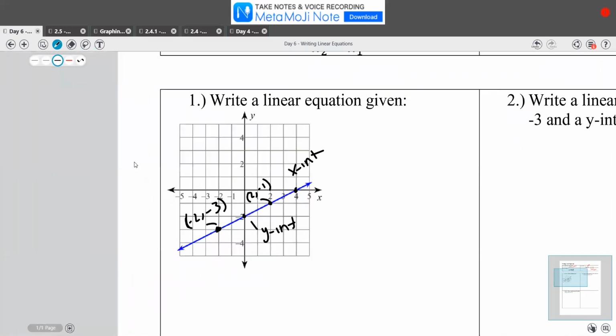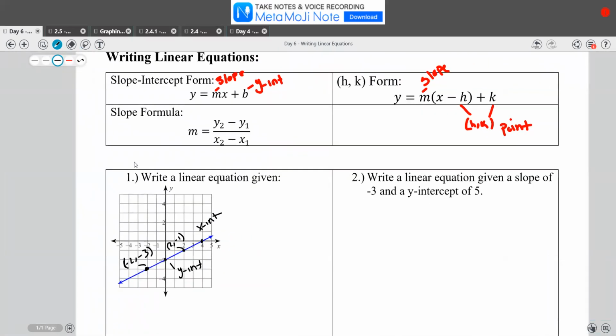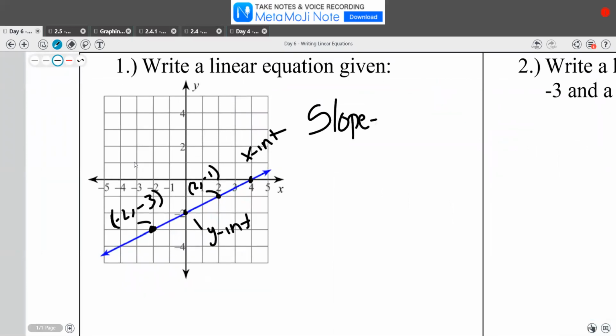Now, which one of the equations could I use that would be easiest? Well, in this case, I could use the slope-intercept form, which is y equals mx plus b. Well, I know that that's another thing.